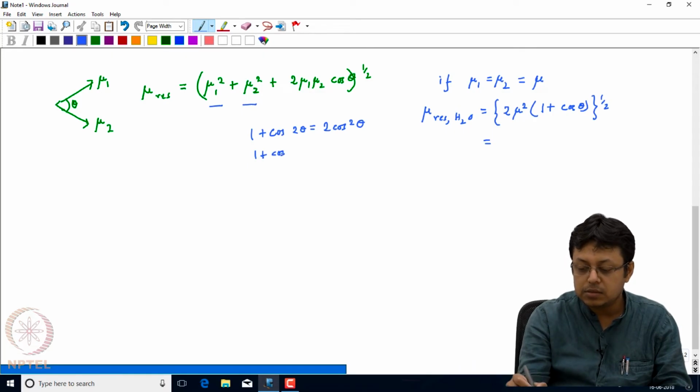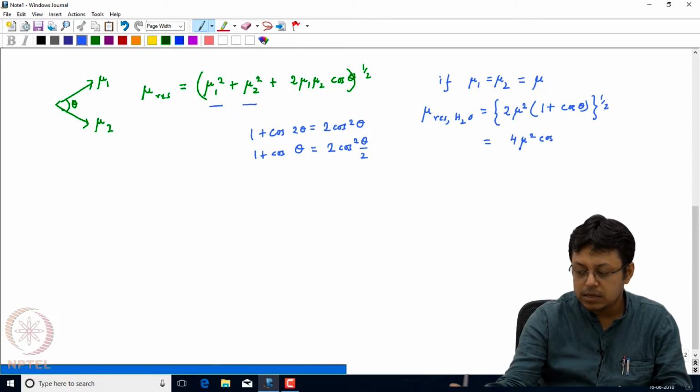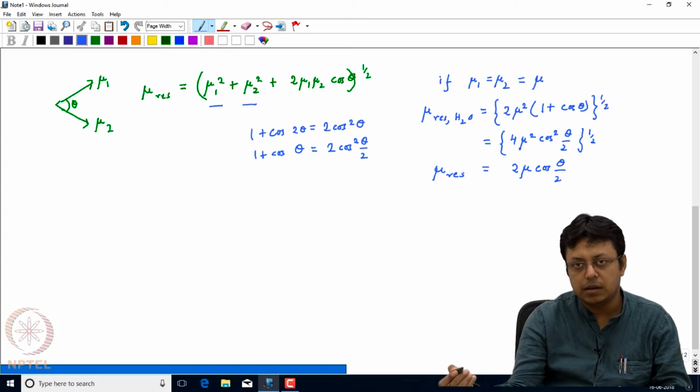So I am writing 1 plus cos theta as nothing but 2 times cosine square theta by 2. So ultimately I will have the square root of 4 mu square cosine square theta by 2, and the resultant dipole moment comes as twice mu cosine theta by 2. So that is the general principle.